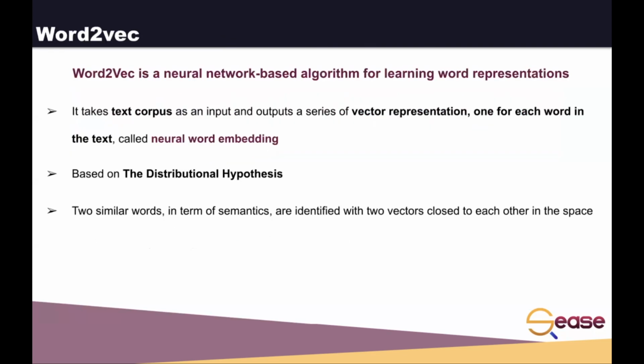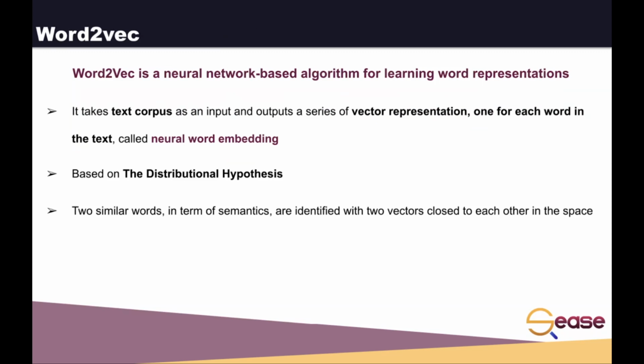Just a couple of words about Word2Vec. Word2Vec is a neural network that can read and parse a lot of sentences, and it can create a dictionary that associates a vector with each term.